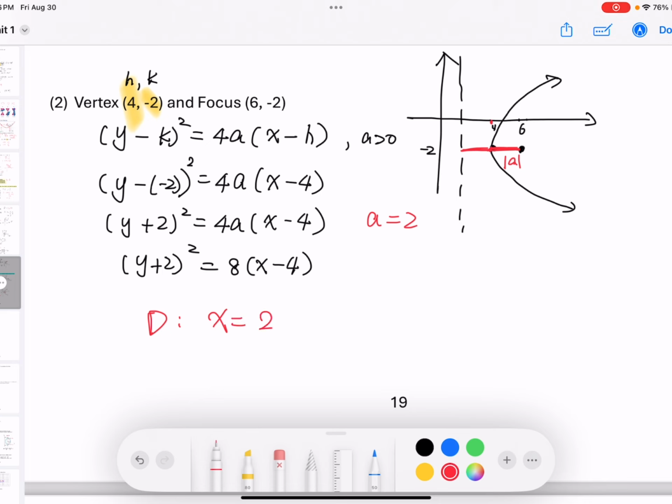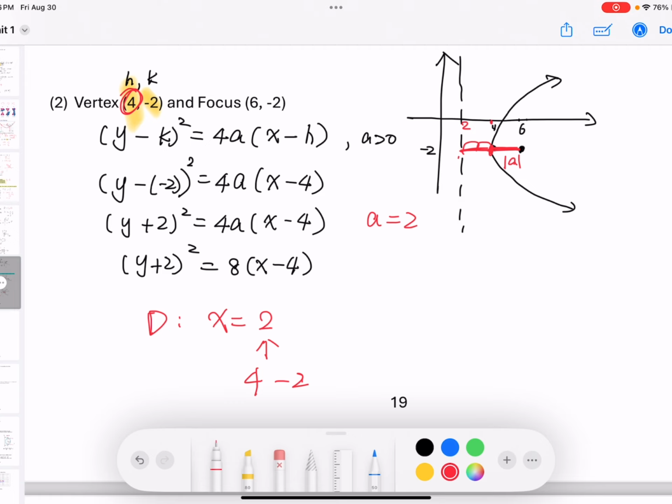You can also find the directrix from the vertex, which is 4. They have the same y value. We only think about the x changing. So 4 minus a, which is 2.